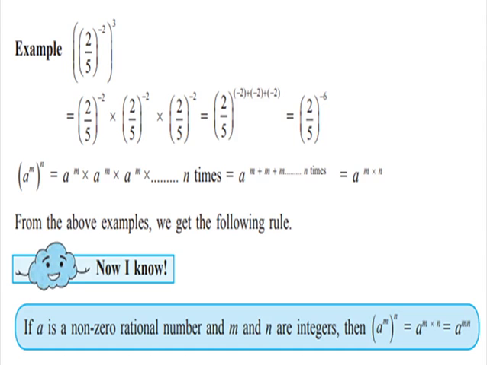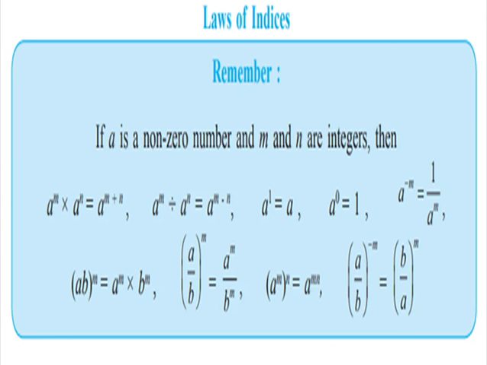Now we will see all the laws of indices together, whatever rules we have studied till now. And you have to keep all these rules in mind. Let us see, if a is a non-zero number and m and n are integers, then the first rule we have seen is a raised to m into a raised to n is a raised to m plus n.